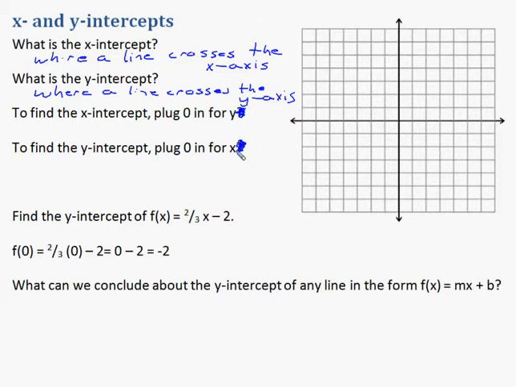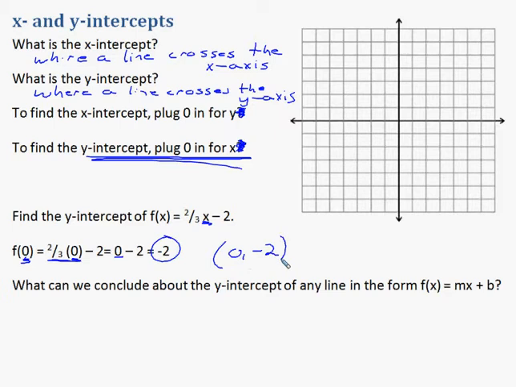So this says find the y-intercept of f of x equals 2/3 x minus 2. Well, to find the y-intercept, we plug in 0 for x. So really I'm just finding f of 0. I'm putting 0 in for x, so here's our x, we put 0 in there, minus 2. 2/3 times 0 is 0, minus 2 is -2. So the y-intercept is -2. In fact, it's the point 0, -2.